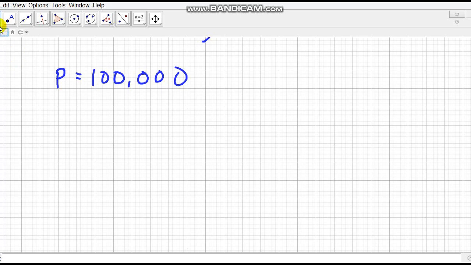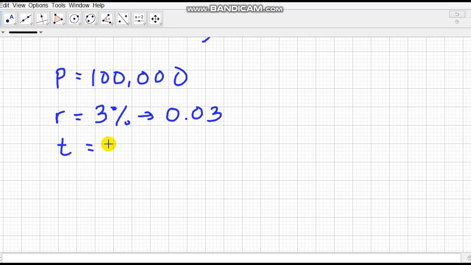So that's our money. And the rate, it is invested at 3%. And 3% is equivalent to 0.03. And it is compounded for 3 years. And the period is annual. It's compounded annually for 3 years. So K is equal to 1.